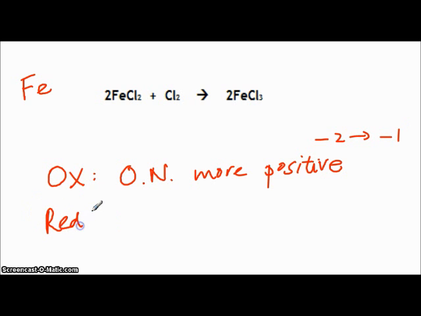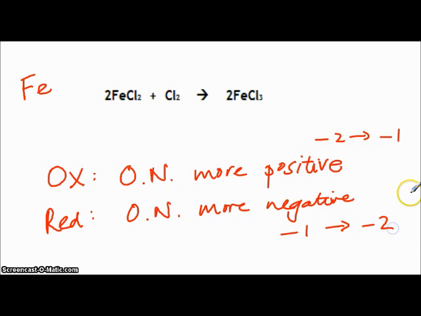Reduction, then, we will notice something is reduced if the oxidation number becomes more negative. And once again, it could be something simple like going from -1 to -2. That's obviously becoming more negative. But even something going from +3 to +1 also is becoming more negative.